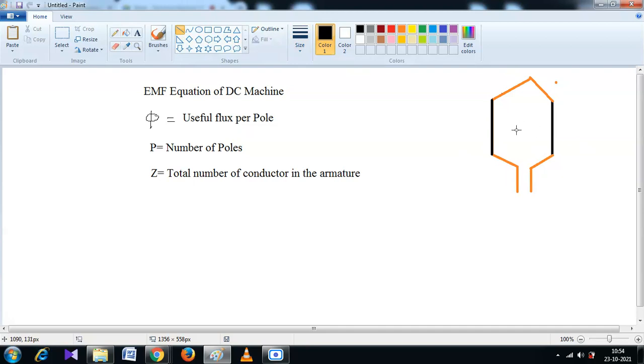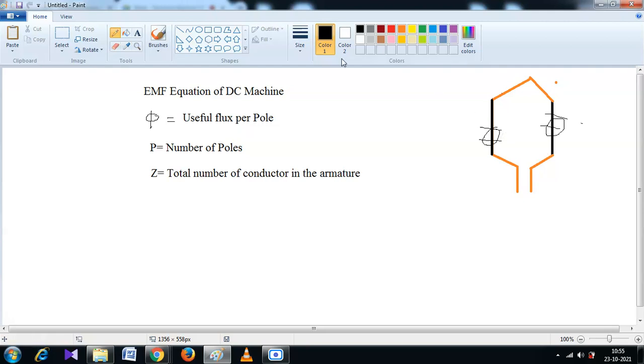This is called a turn. And these two are the coil sides, or the conductors. Here, what is the number of conductors?